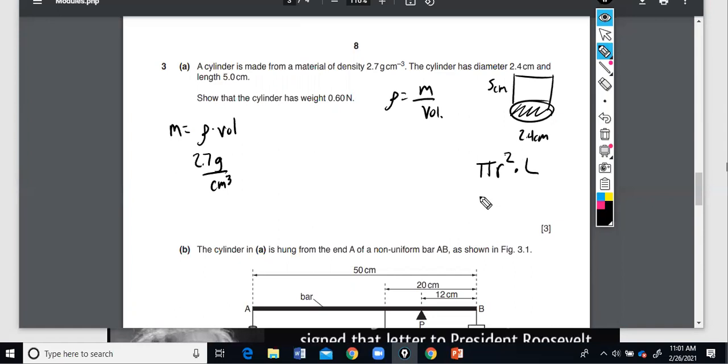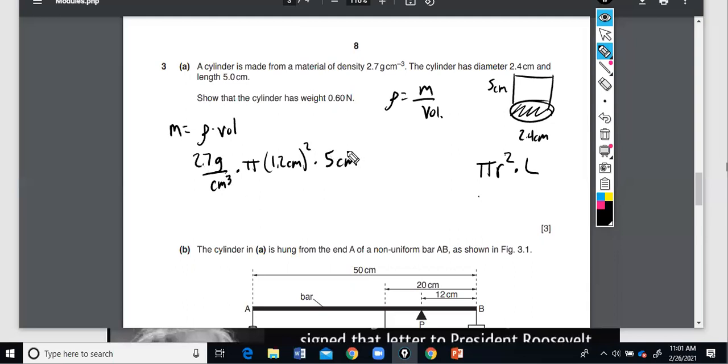We'll just go, the volume here is pi times r, which would be 1.2 centimeters, squared, pi r squared times 5. Then we'll get our centimeters cubed, right? Multiply all this, that'll cancel out, will be in grams. So the units are really important, write the units out to help avoid making mistakes.